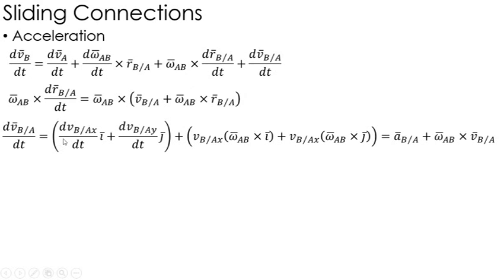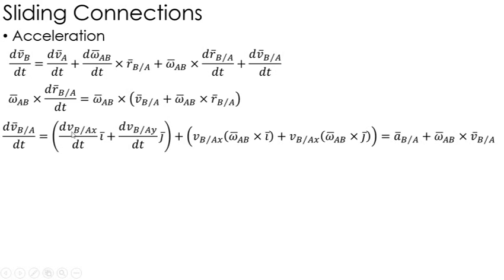Looking at dv/dt, this is the relative, that sliding velocity. It's going to be the same approach as I had with dr/dt, where I have to worry about the x and y components since i and j are not constant, they're rotating. So this is the exact same thing, I'm just substituting v in for r.